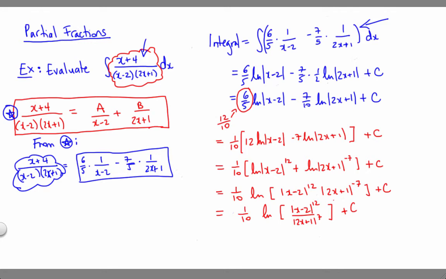We can use the negative exponent to bring the 2x plus 1 factor down into the denominator, and then very last step is just to create a single set of absolute values. So we can use the absolute values as brackets to be clear that ln applies to everything inside the absolute values. And there we have our very final answer.